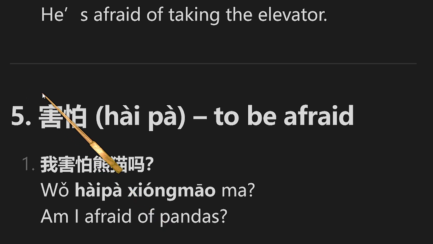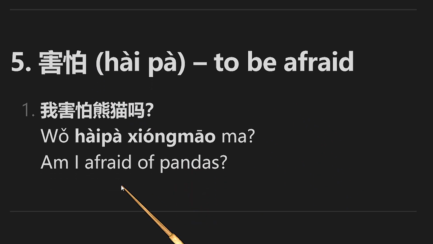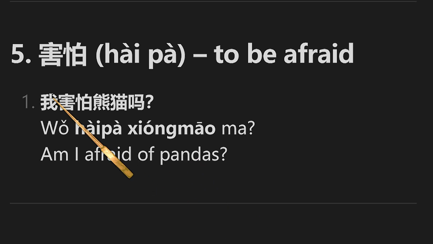Next one, 害怕 to be afraid of something. So it's a verb. Am I afraid of pandas? 我害怕熊猫吗, 吗 just for question. 我害怕 I'm afraid of what? 熊猫 pandas, and 吗 just for question. So 我害怕熊猫吗 Am I afraid of pandas?